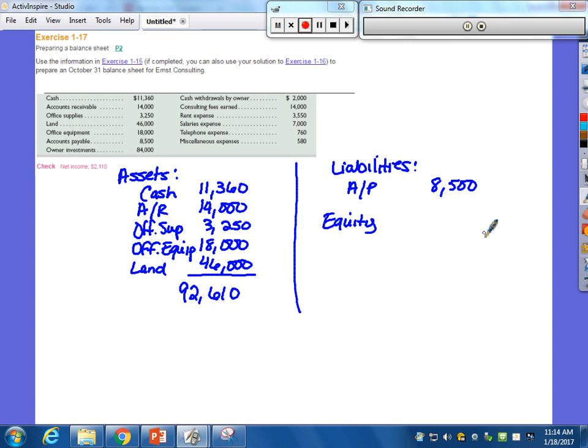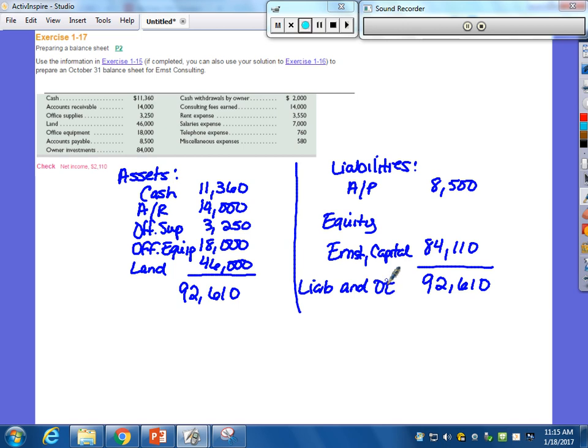That's all you got. Which was how much? Which means that 8,500 plus 84,110 equals what? 92,610. So it's going to be liabilities and owner's equity. And we balance, right?